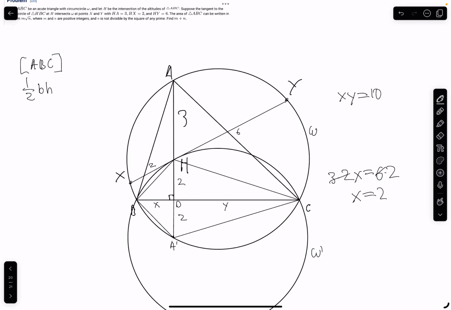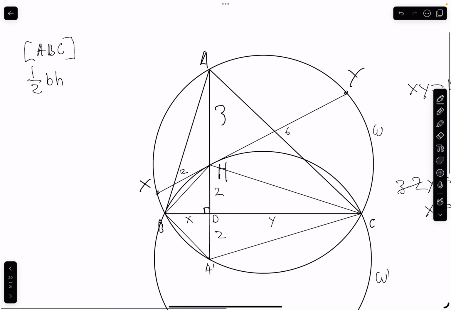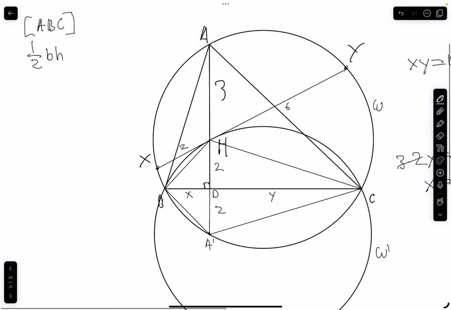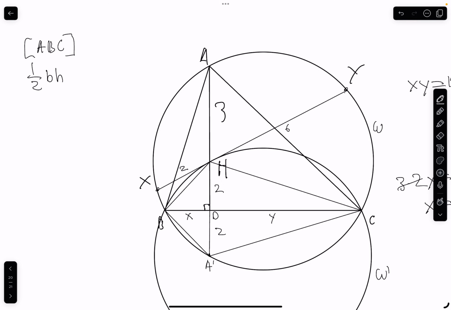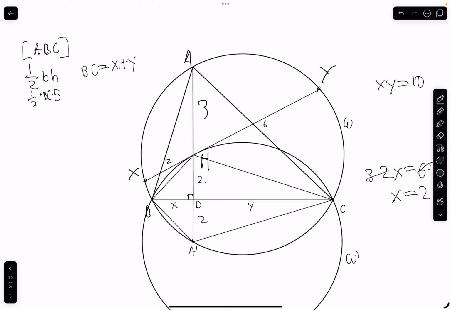Okay, so why does this help us? Well, we know now the value of AD. This is the altitude that we were thinking might be useful to find, and we just found it. So now we have the height and the half. All we have to do is find BC. BC is equal to x plus y, and we know that xy is equal to 10.